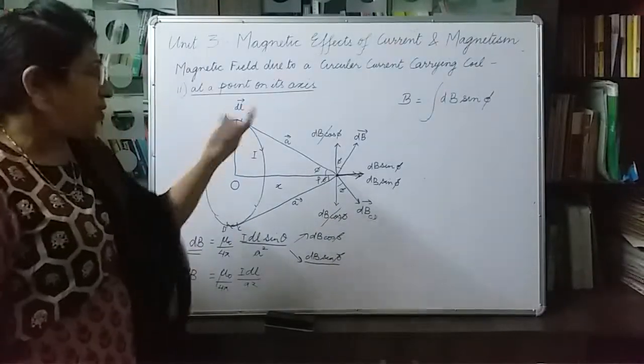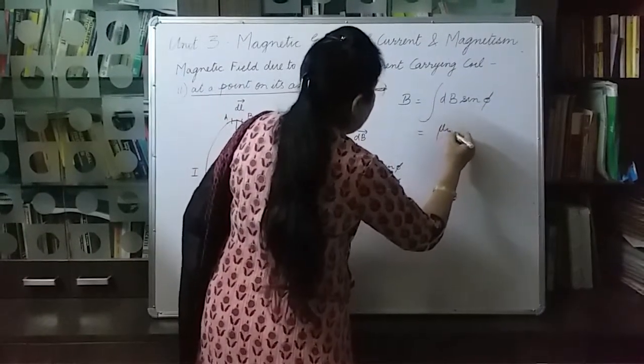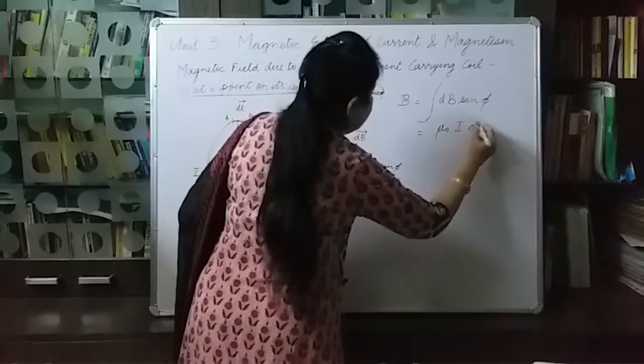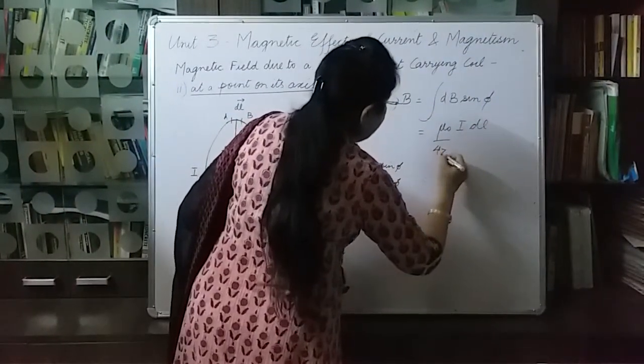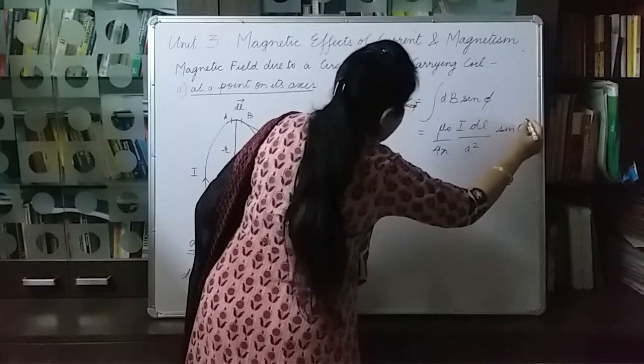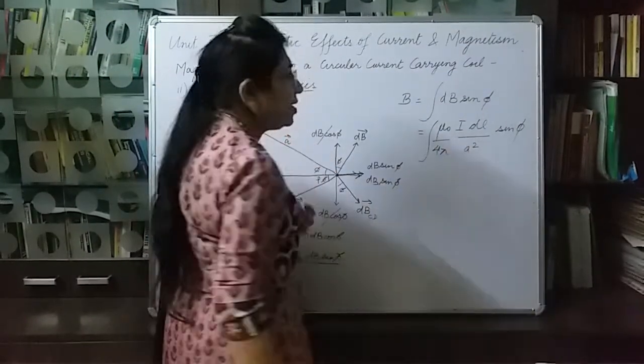Let us substitute the value of dB sin phi here. We get mu naught I dl upon 4 pi a square, times sin phi, integral. Here mu naught, 4 pi, I are constants.